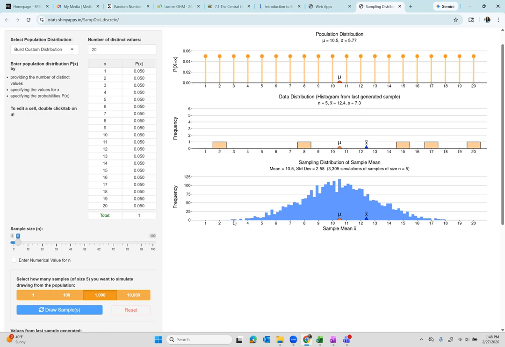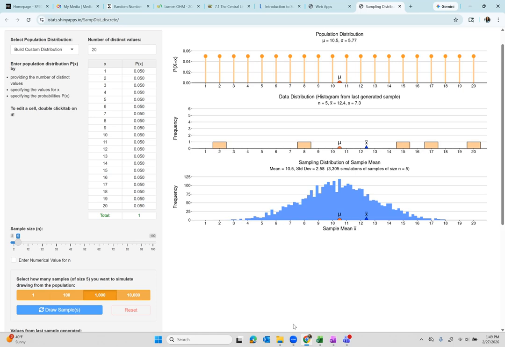And again, as you see, the lowest that we got was a 3, and the highest that we got was an 18, maybe not even 18 yet. We haven't gotten an 18 yet, but these did not appear too many times, maybe just once or twice. So it was very unlikely that we will end up with the lowest possible mean and the highest possible mean.